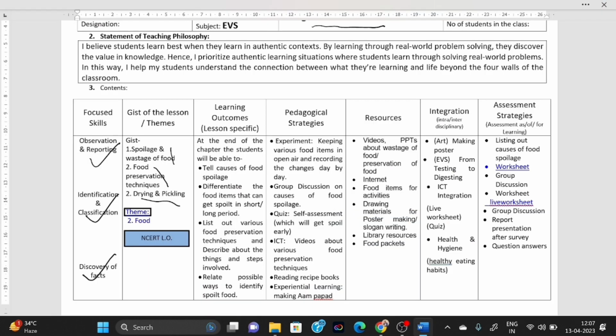The learning outcomes of this particular lesson: at the end of the chapter, the student will be able to tell the causes of food spoilage. They can differentiate the food items that can get spoiled in a short or long period.